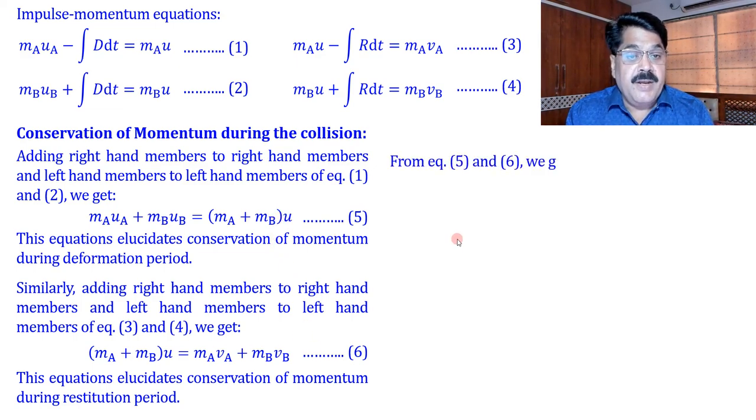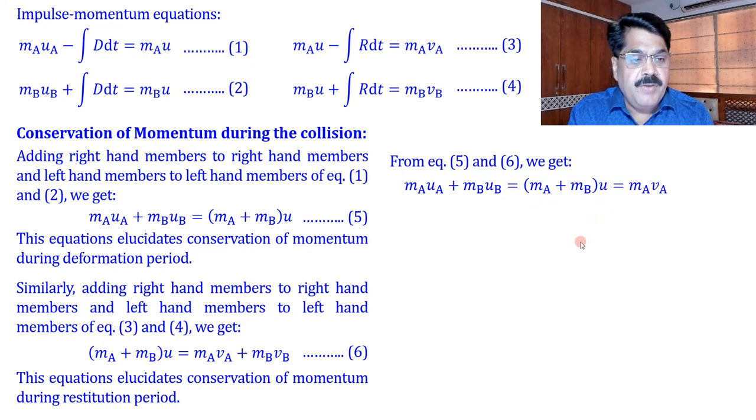From equation 5 and equation 6 we get MAUA plus MBUB is equal to MA plus MB into U is equal to MAVA plus MBVB. So that is a very descriptive equation describing conservation of linear momentum during a head-on collision.